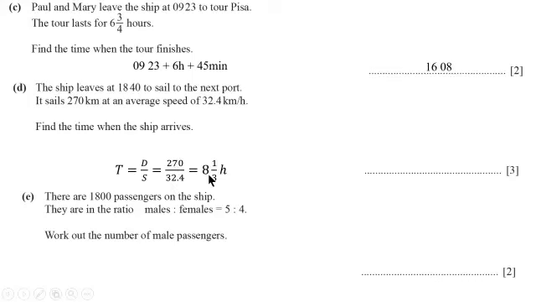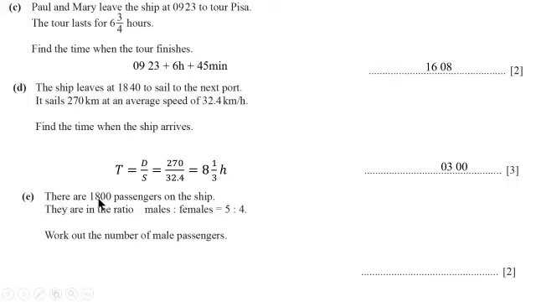The answer will be, as a mixed number, 8 and 1/3. 8 hours and 1/3 of 1 hour means 20 minutes. Add the 20 minutes to 40 minutes, we have 60 minutes, which means 1 extra hour here, so we have 9 hours plus 18 hours. We have 27 hours. Okay, subtract 24 from them to get the new time, which is 3:00, for the next day.